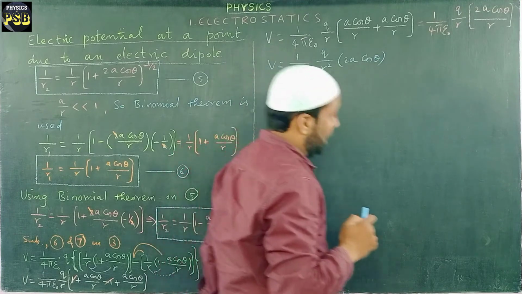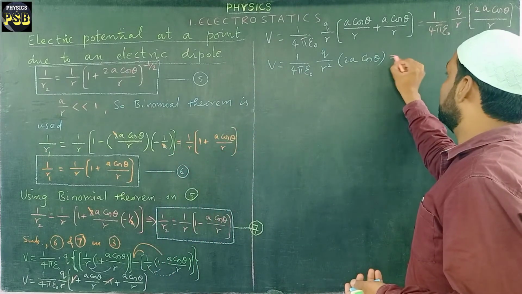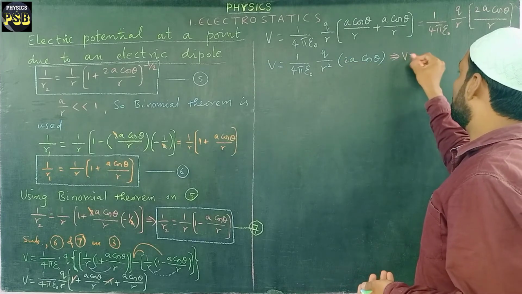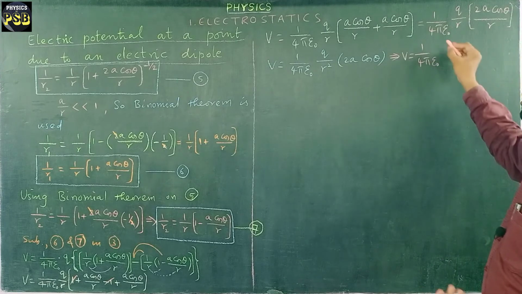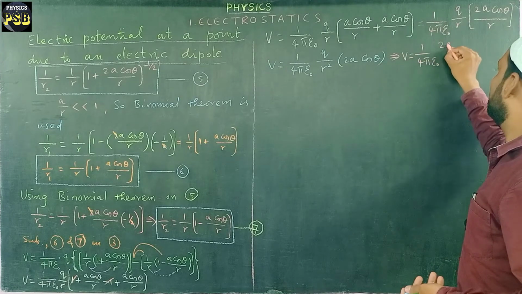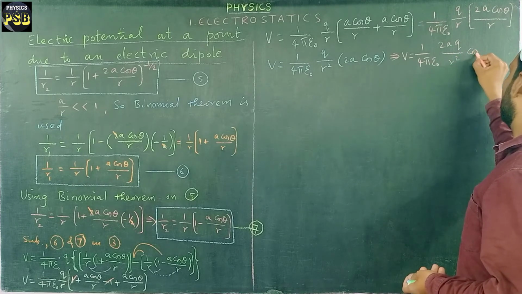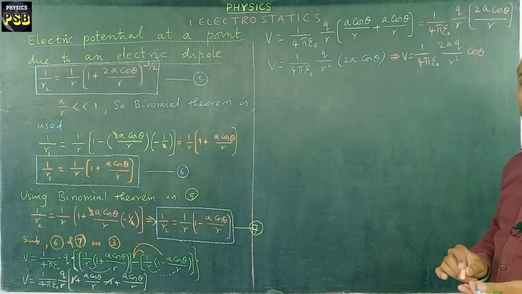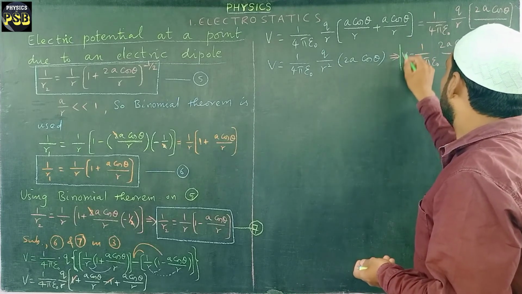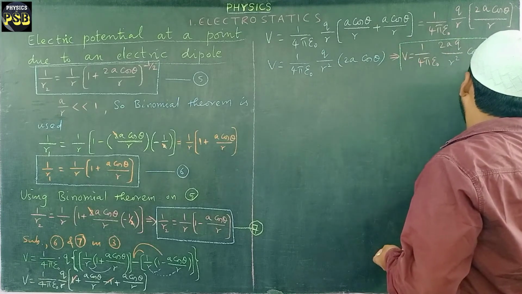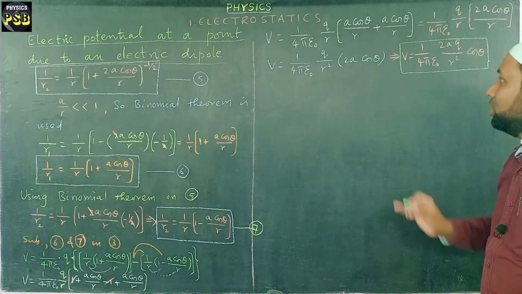This can be rewritten like this: V equals 1 upon 4 pi epsilon naught, written as 2aq divided by r square cos theta. This is the expression for electric potential at point P due to an electric dipole.